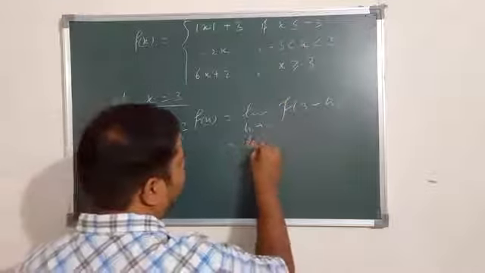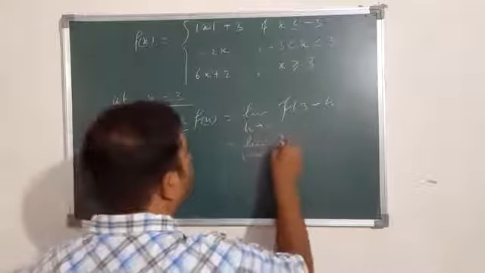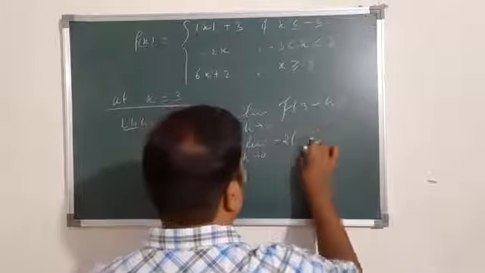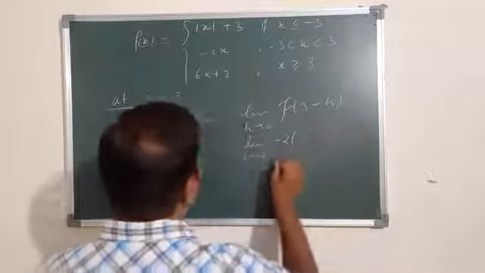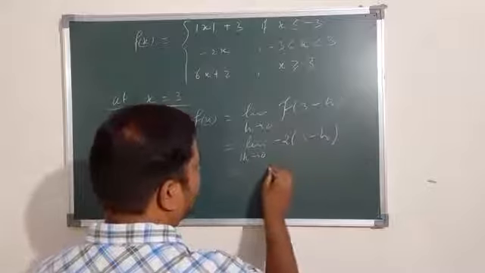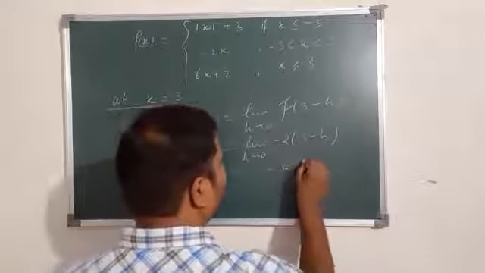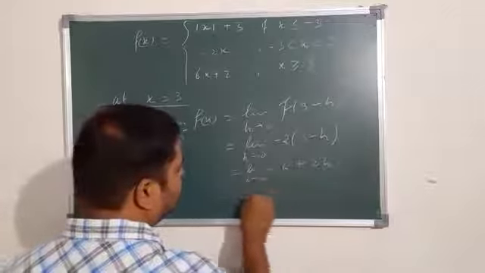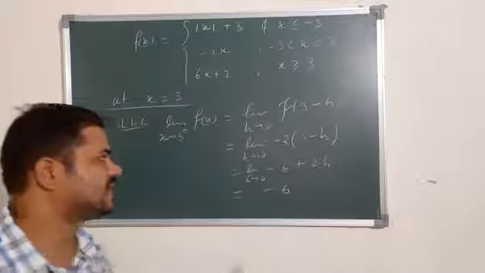So we can write the limit as h tends to 0 of -2 into (3 - h). This is -6 + 2h, and as h tends to 0, this is -6.